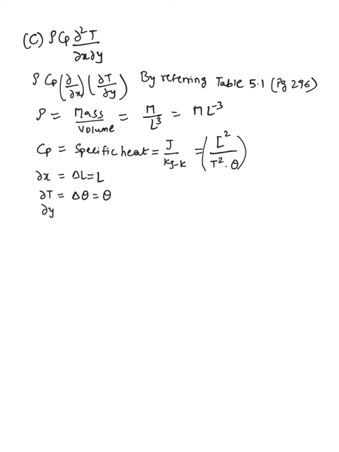Delta y is again change in length, which is represented as L. Overall, rho Cp dou square T by dou x dou y is nothing but rho Cp dou by dou x times dou T by dou y.